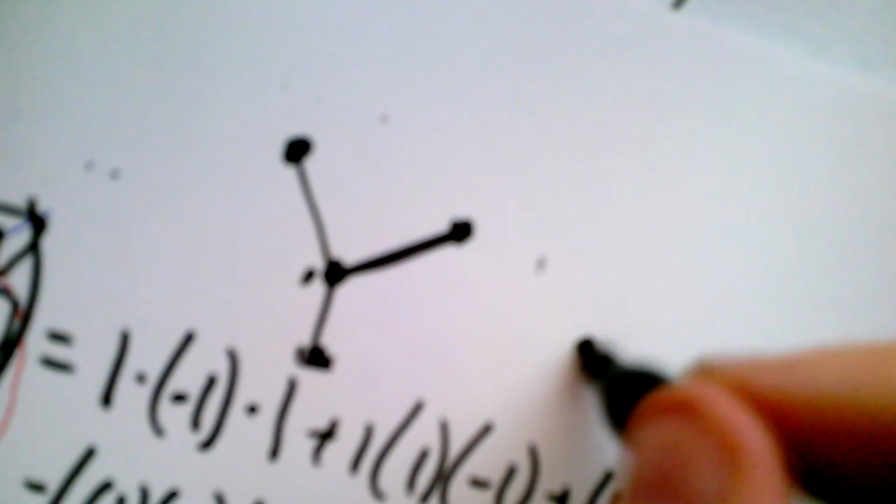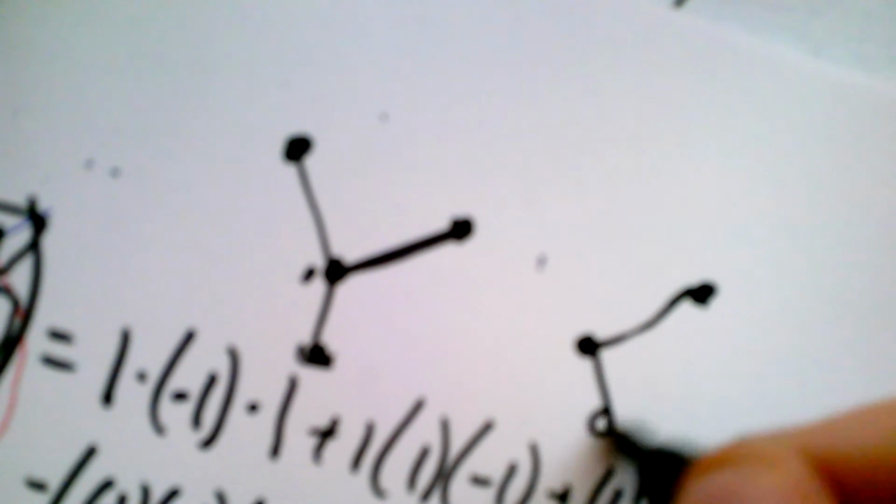And the sign is positive or negative depending on which direction you go, going from the origin to each of these points, whether you're going clockwise or counterclockwise when you're traveling from the origin to this point, and then the origin to that point, and the origin to that point. Looking down, if it goes 1, 2, 3, it's going to be one sign, and if you flip it, it's the other.